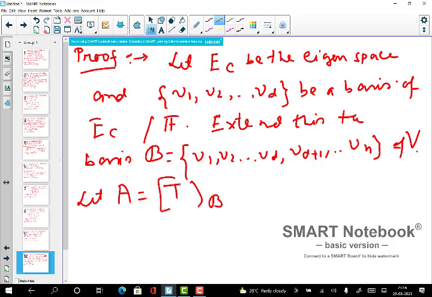Then obviously these v1, v2, ..., vd are elements of the eigenspace, right?